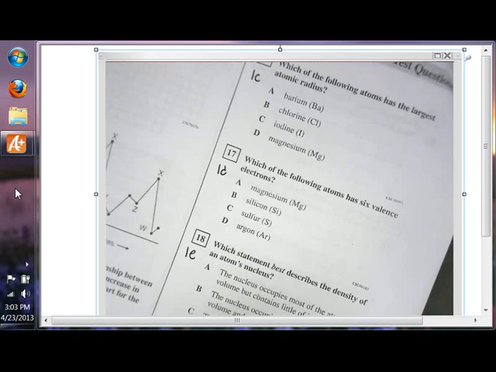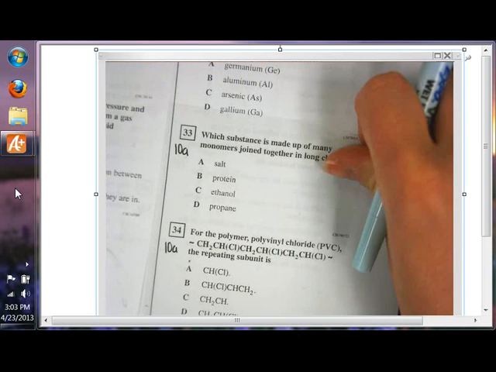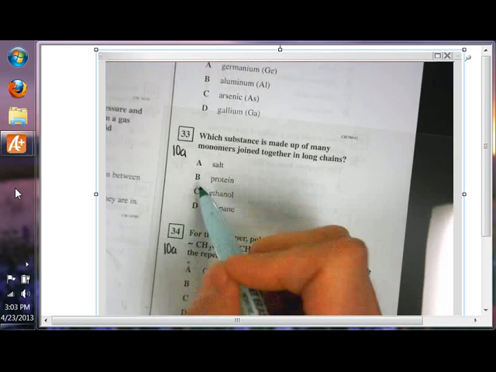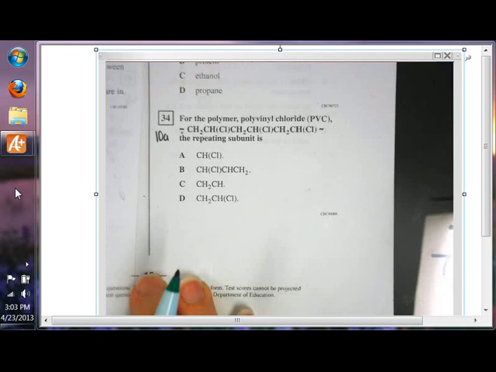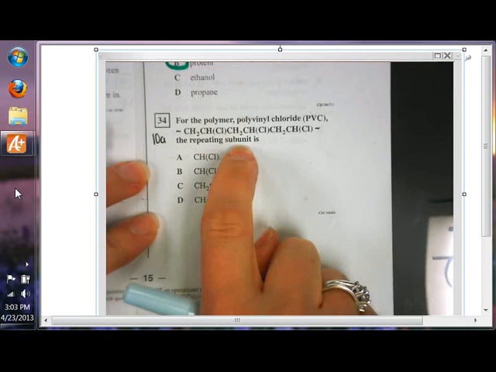Now, switching over. Number 33, which substance is made up of monomers joined together in long chains? That'd be a protein. And these are those carbon ones. For the polymer, what is the repeating subunit?